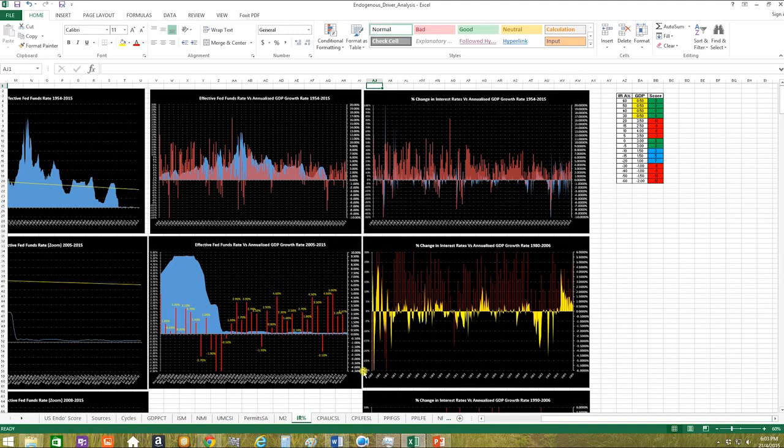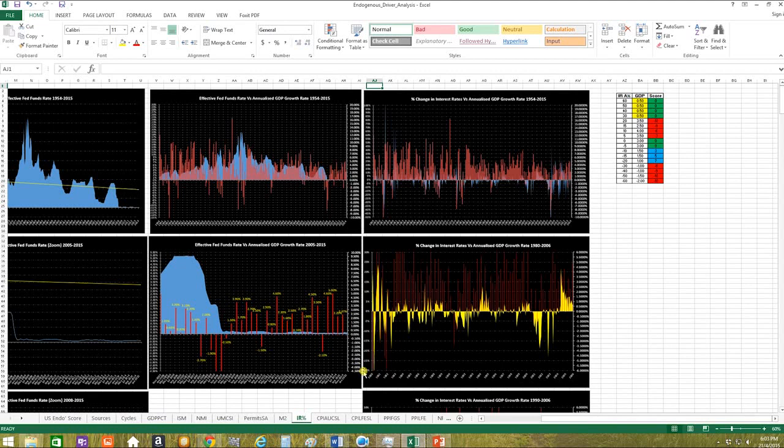And this is associated with significant or larger than normal GDP slowdowns. And the time lag is that the percentage change in interest rates to the downside moves after the GDP growth rate has begun to fall.